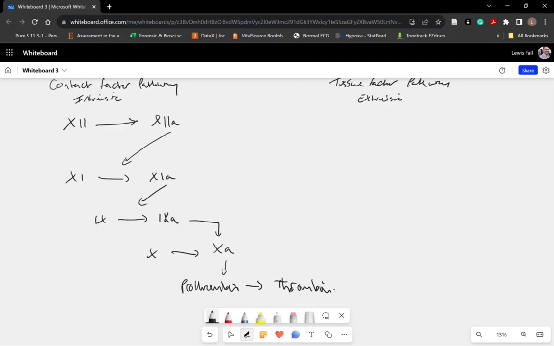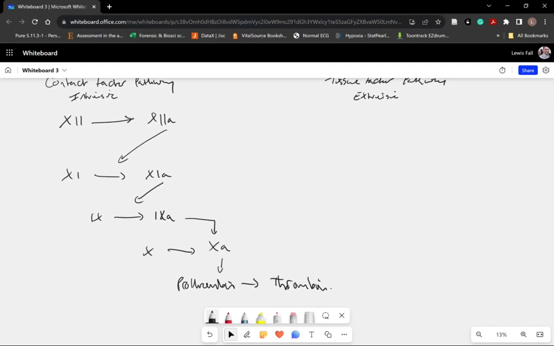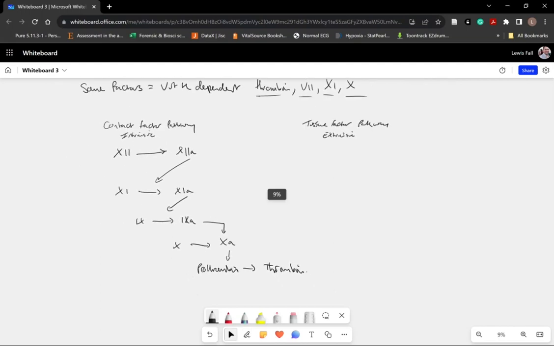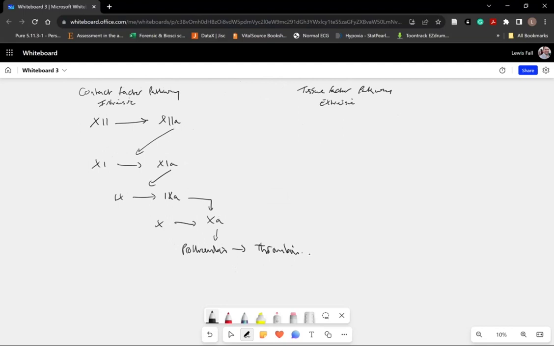And we've already talked about what it is that prothrombin does. We've said thrombin will take fibrinogen and turn it into fibrin. So that's one pathway, and then we've got a tissue factor pathway, and the tissue factor pathway happens on vascular injury.